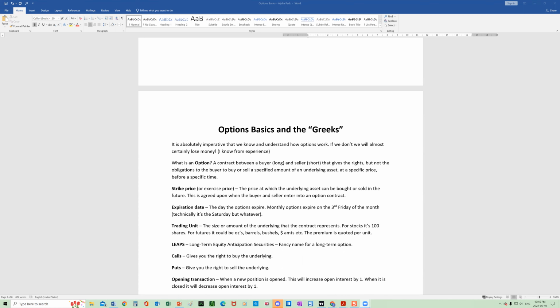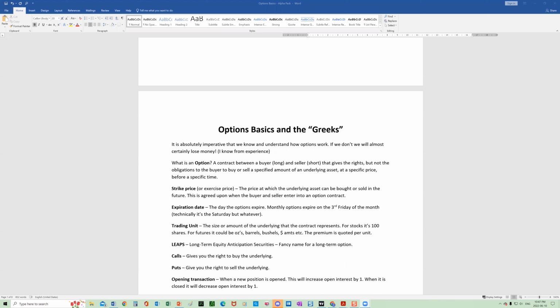Okay, so if you are long, you have the right, but not the obligation to buy or to sell a specified amount of the underlying asset at a specific price before a specific time. Okay. It's very important to understand, like for example, if you are long a call and you are short a put, both are bullish. Okay, and we'll talk about that here in just a sec.